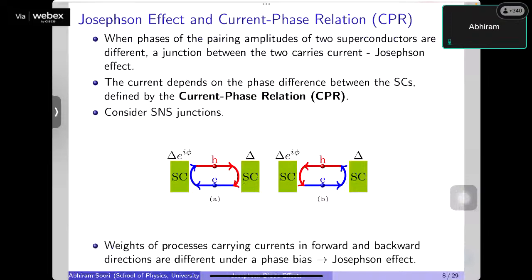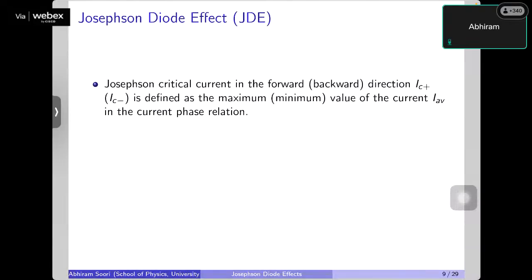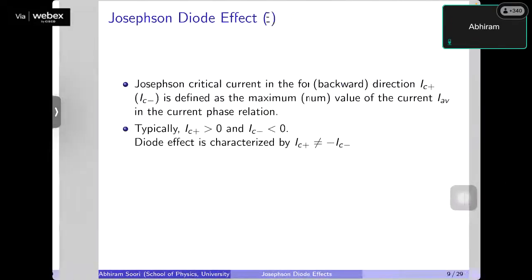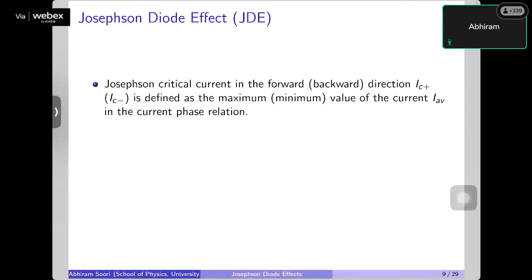Now, this Josephson diode effect is a very interesting effect. Usually there is something called critical current. There is a dependence of Josephson current on the phase difference, right? So in this curve, there is a maximum and minimum. The maximum is called the critical current in the forward direction, IC plus, and the minimum is called the critical current in the backward direction, IC minus.